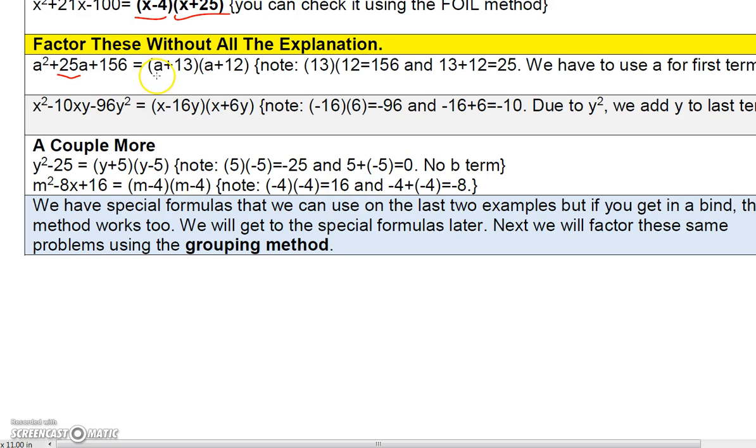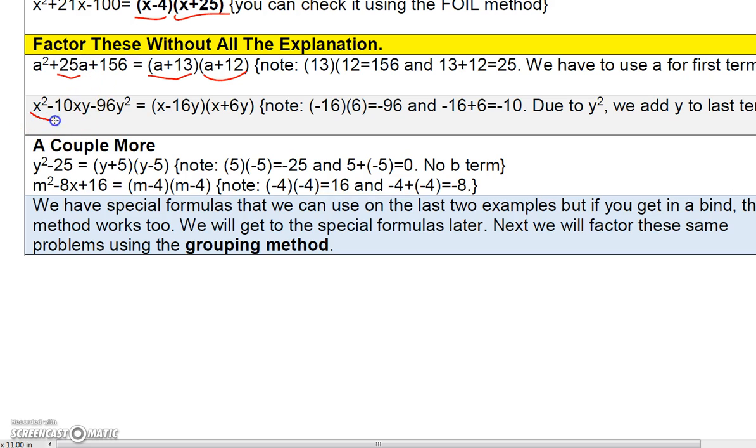So if you look at the factors long enough, you can finally pick that the factors of this are a plus 13 and a plus 12, because 13 times 12 is 156, and then 13 plus 12 is 25, the coefficient of the middle term.